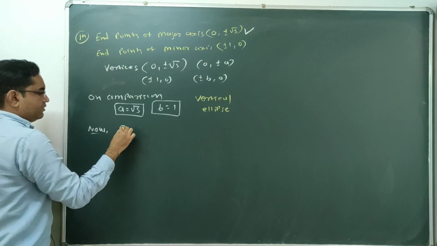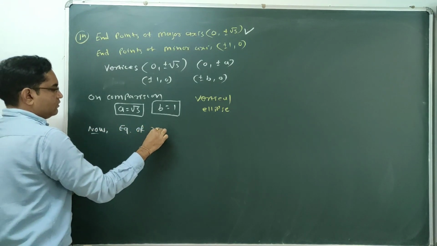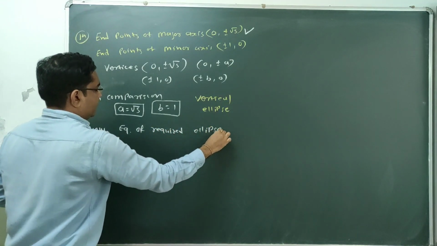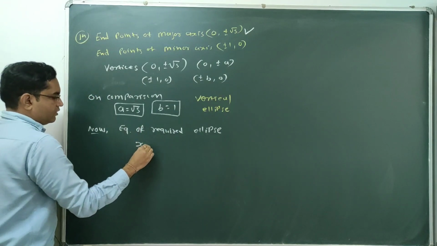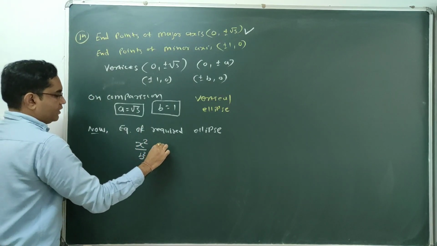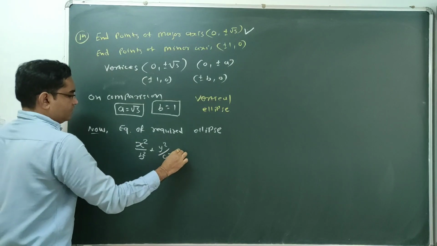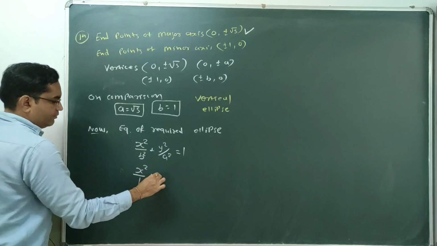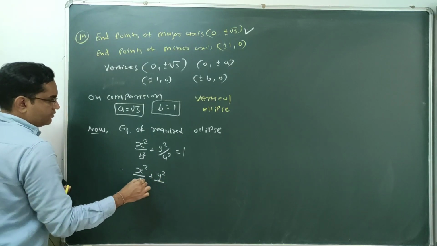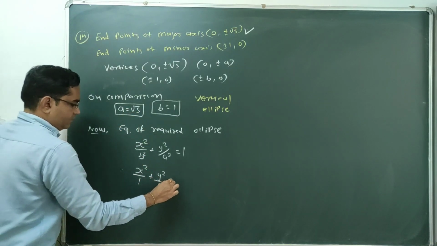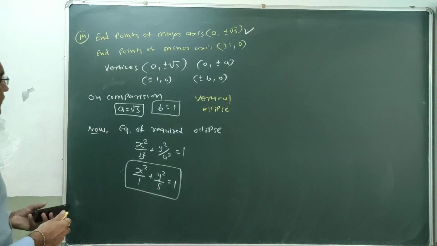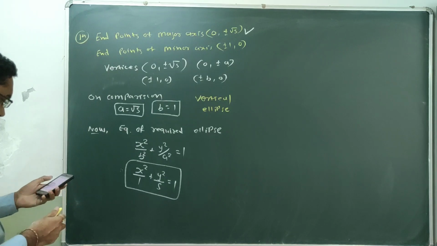Hence we can write the equation of the required ellipse: x square by b square plus y square by a square equal to 1. So our answer is x square by 1 plus y square by 5 equal to 1. So this is your question number 14.